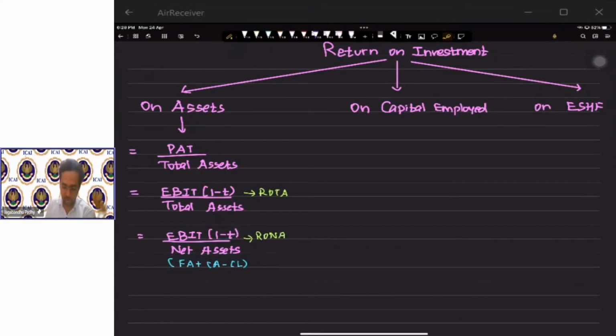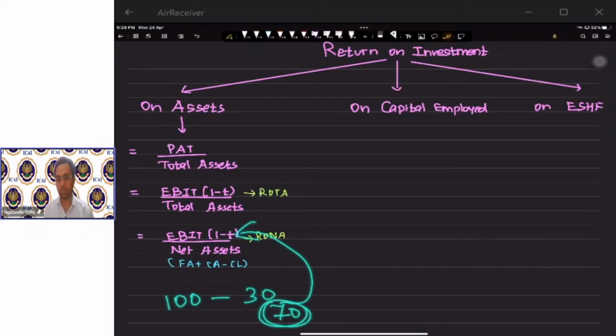So 1 minus T, where T stands for the tax rate, makes it technically an after-tax rate of return, right? For example, if 100 is your income and on that you pay 30 as tax, 70 is your net income. So this 70 is denoted by EBIT (1 minus T).